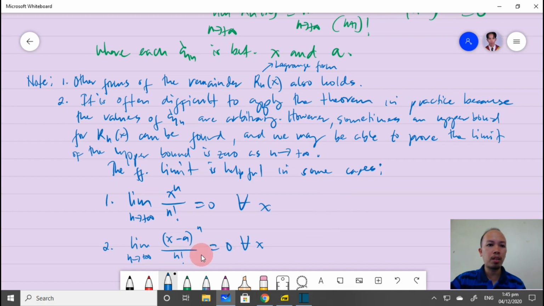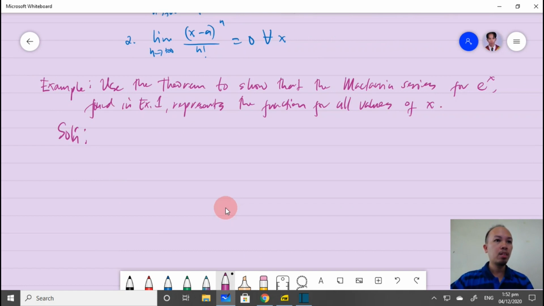I'm going to write it here. Let's have this example. Use the theorem above to show that the Maclaurin series for e to the x found in example number 1 above represents the function for all values of x. This is different from the conclusion that it is convergent for all x, and it is convergent to that function for all x. That's a different story.